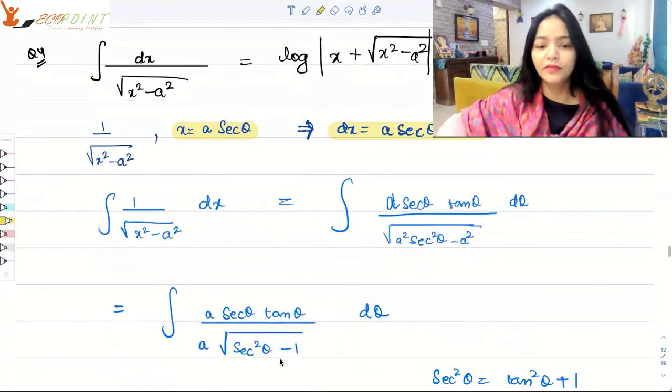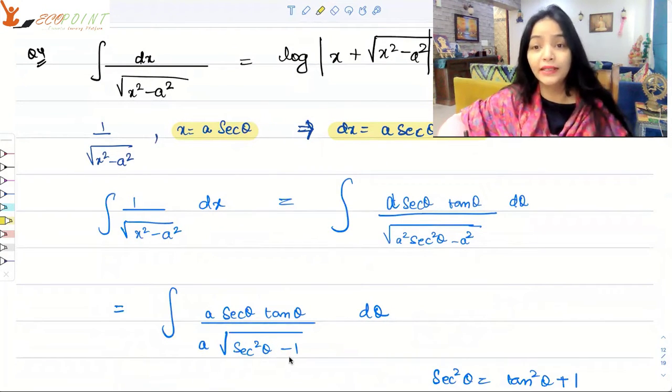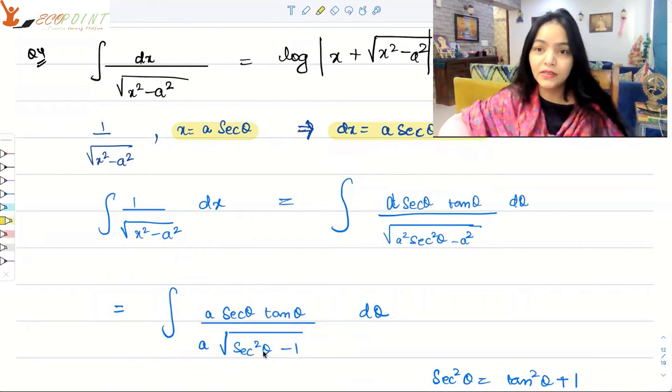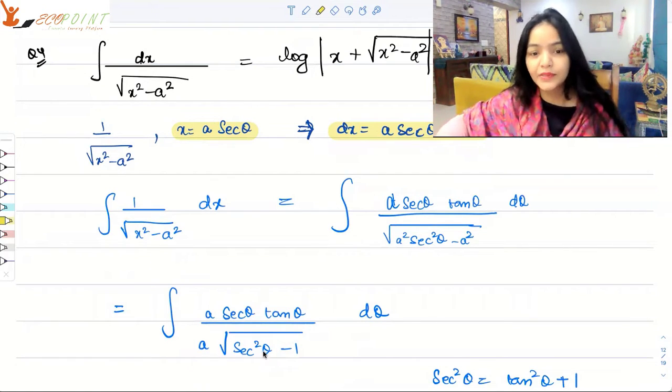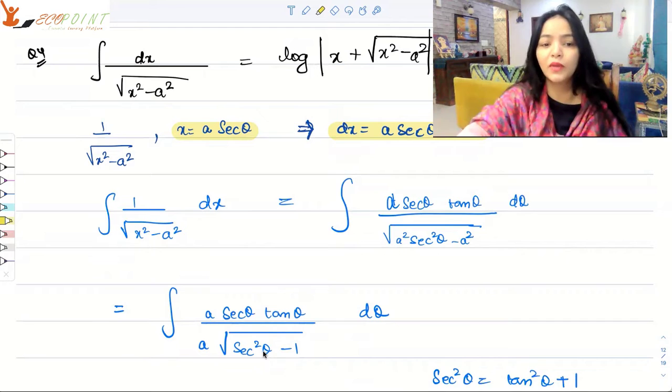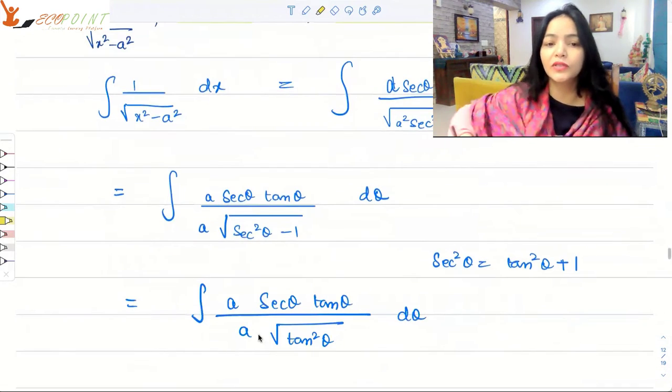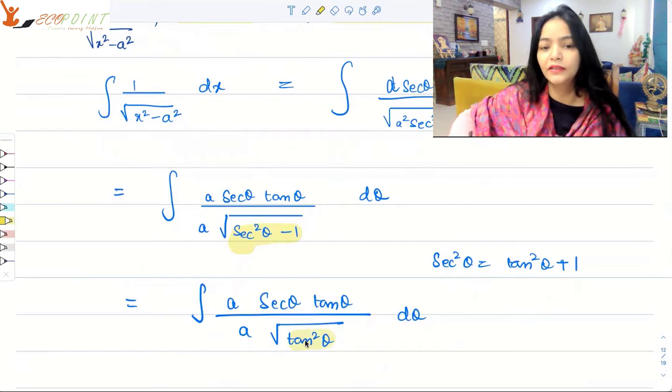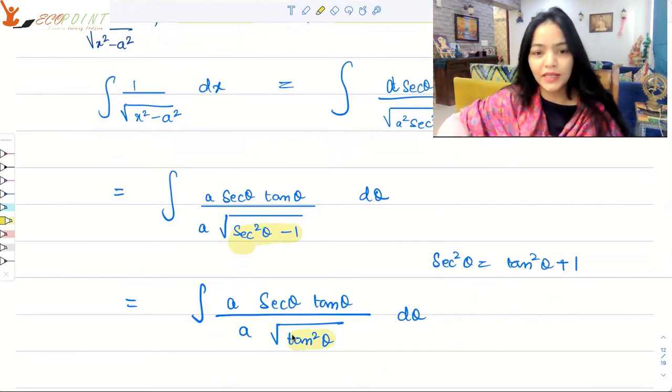What you have is square root of secant square theta minus 1 in the denominator and secant theta tan theta in the numerator. Since secant square is actually tan square plus 1, secant square minus 1 is nothing but tan square theta.